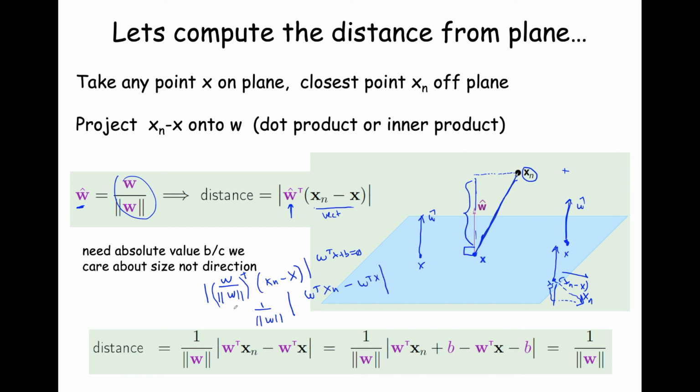Because the magnitude is always positive, you can bring that outside of the absolute value since its value does not change.